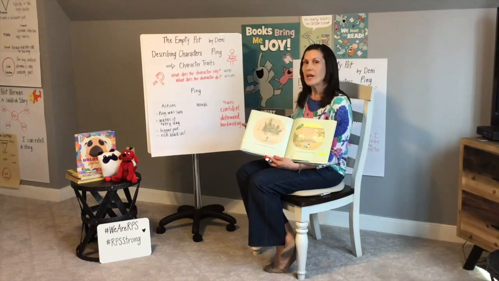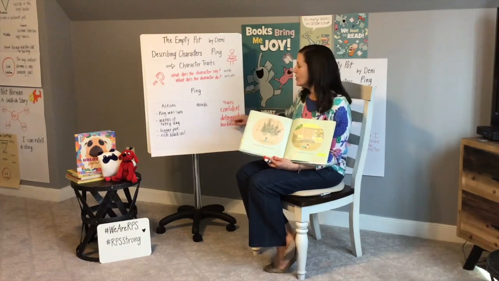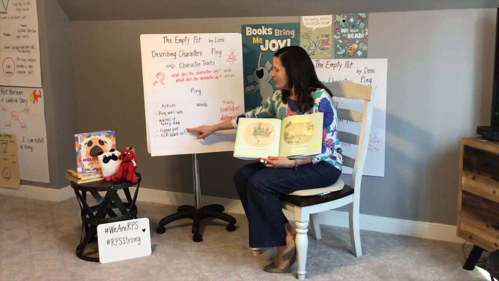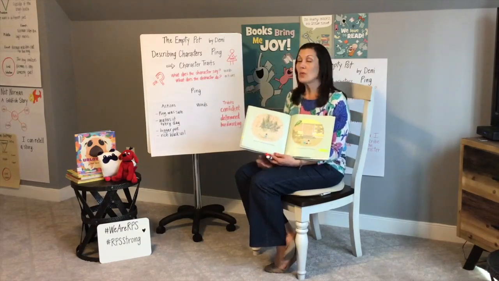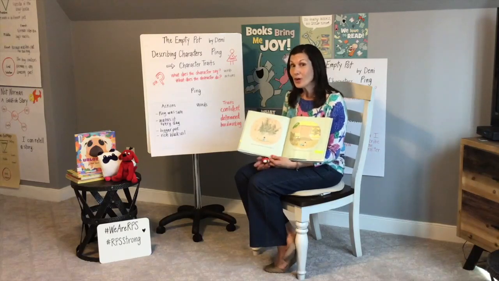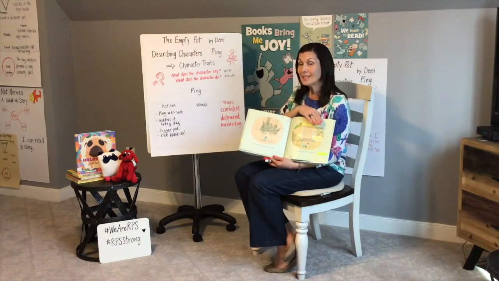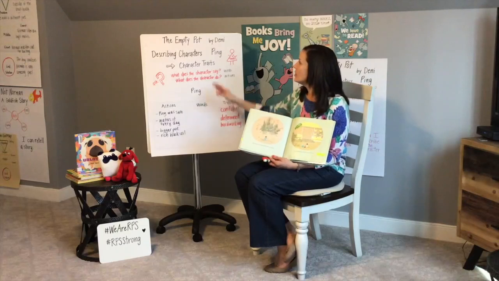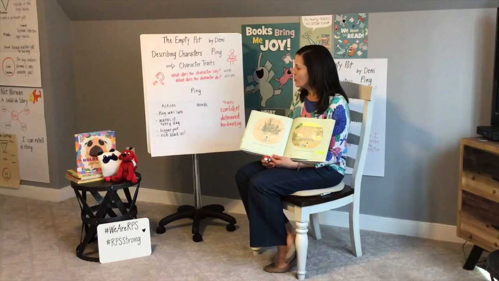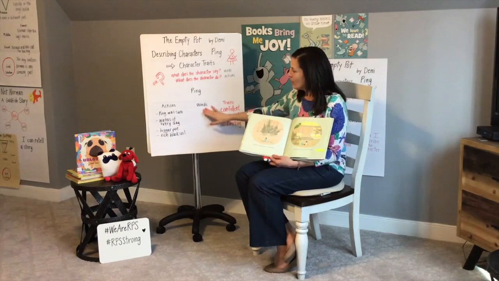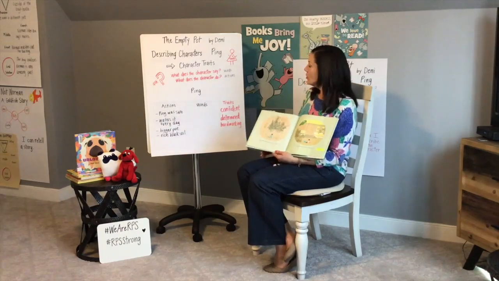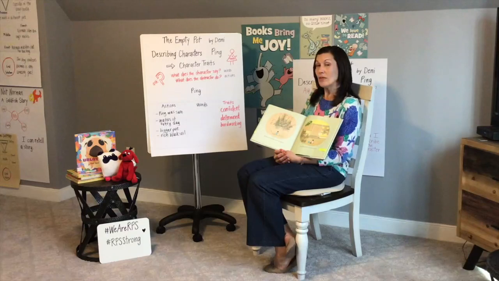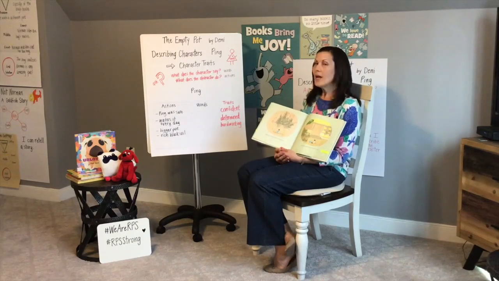These are traits. How I see those traits are in the actions that they take, the things that they do. Sometimes it'll be the words that they say. And there are some words that Ping says later in our story that help us to describe him using a trait. But right now we didn't have any words, but we certainly could look at his actions. So far our character is confident, determined, and hardworking.